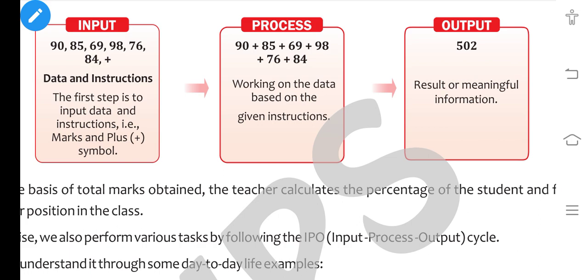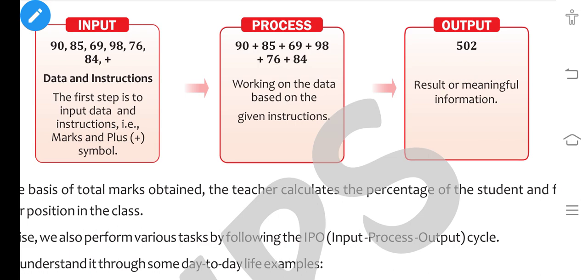First we take input, next process will be there. Process means whatever numbers we have entered in the computer, we want to add them, so we will show on the screen. Suppose we have taken digits 90 plus 85, 69, 98, 76 and 84. So we will show in addition form on the computer.